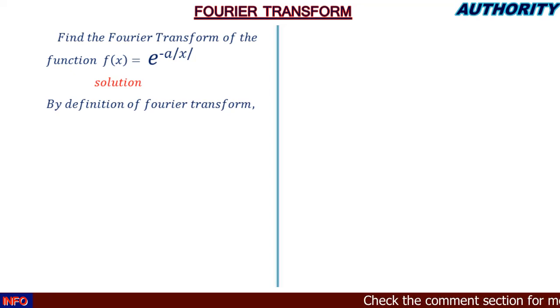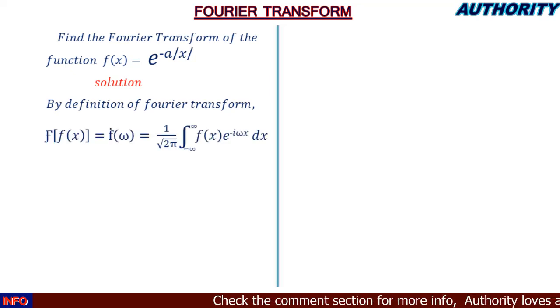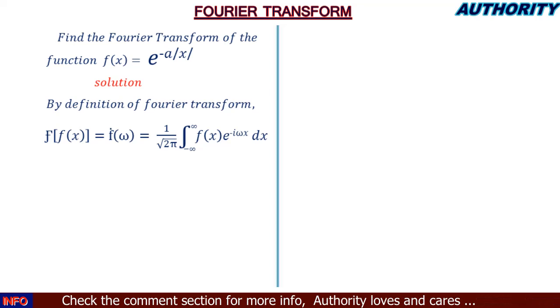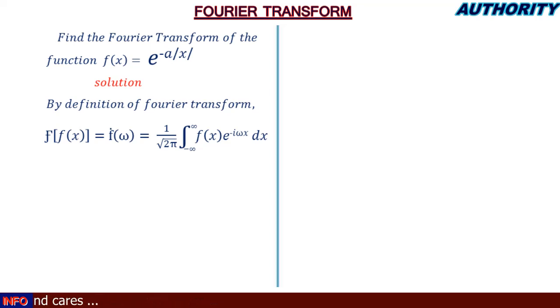By definition of Fourier transform, the Fourier transform of the function f of x is going to give us F of omega equal to 1 all over square root of 2 pi, the integral from negative infinity to positive infinity, f of x e raised to the power of minus i omega x dx. So this is by definition what we mean by the Fourier transform.